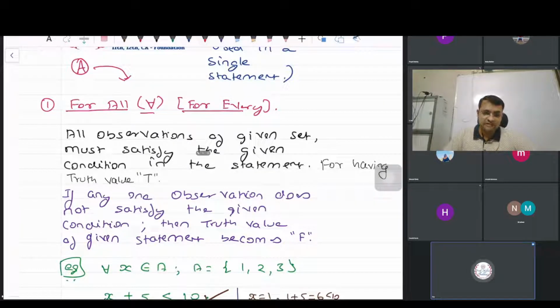As you can see, I have given below that if any one observation does not satisfy the given condition, then in such a case, the truth value of the statement will become false.